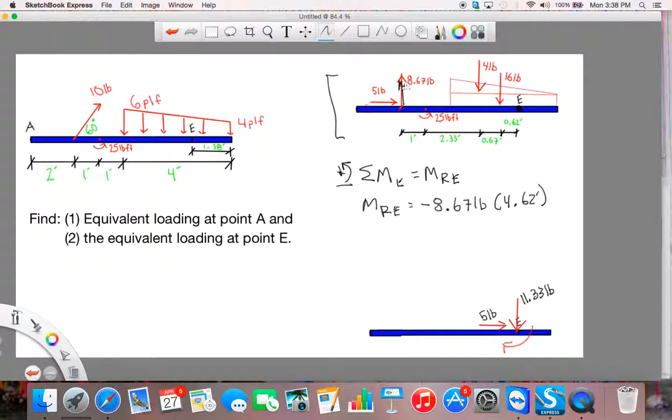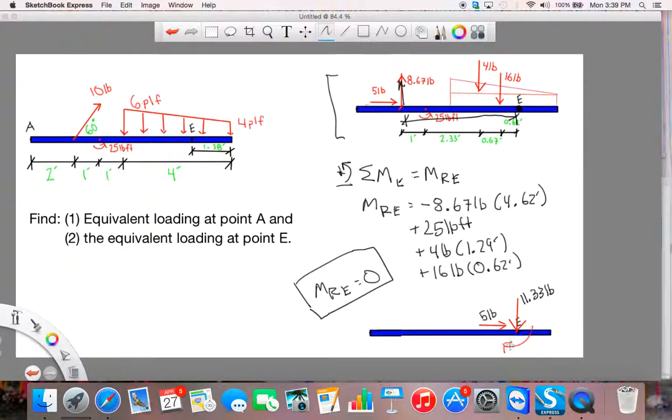So the force times the perpendicular distance, plus 25 pound-foot, plus 4 pounds times 1.29 feet, plus 16 pounds times 0.62 feet. So our moment resultant at E ends up being 0.